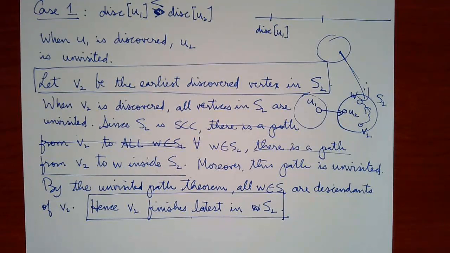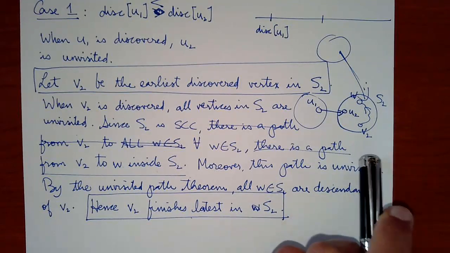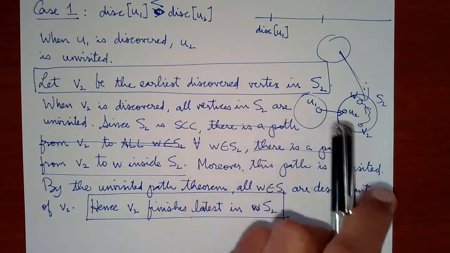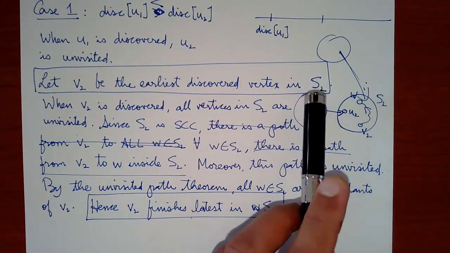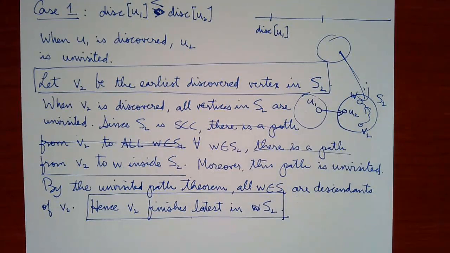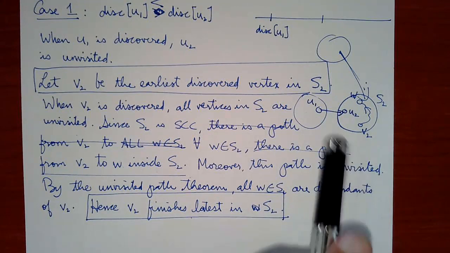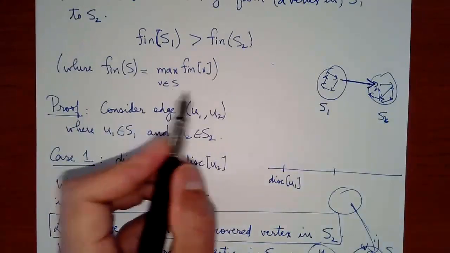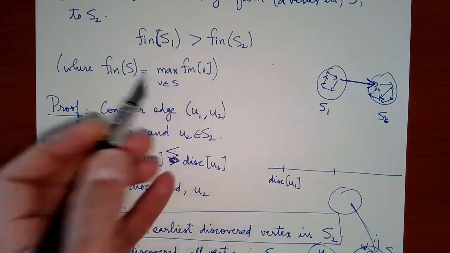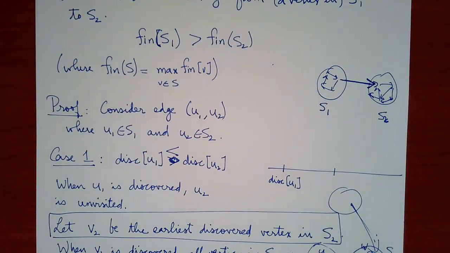Any questions about this? So V2 finishes the latest because it's the earliest discovered vertex in S2, I'm sorry. Okay, so now we know that this max in S2 is achieved by V2.